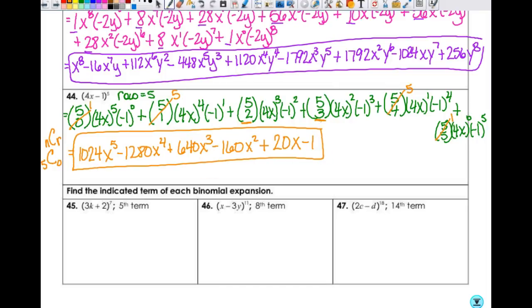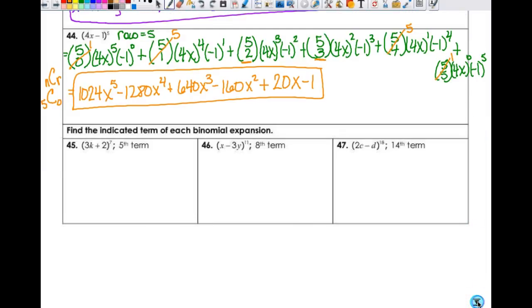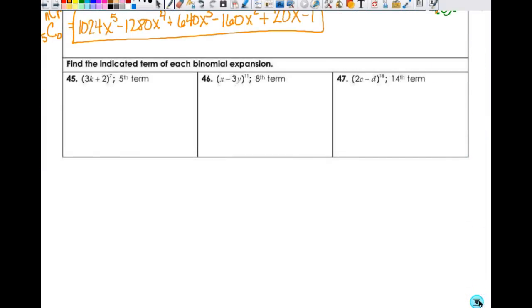Okay. Good to know the binomial theorem or the binomial expansion here for you to find the indicated term. So you don't have to find the entire thing and figure it out every time, right? In order to do this, we have to know n. n is equal to 7.